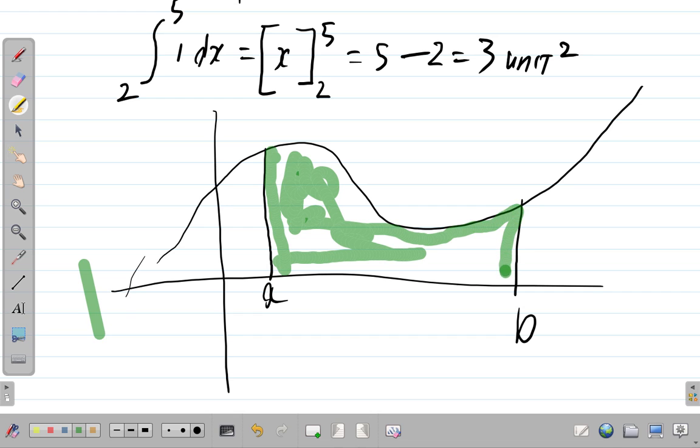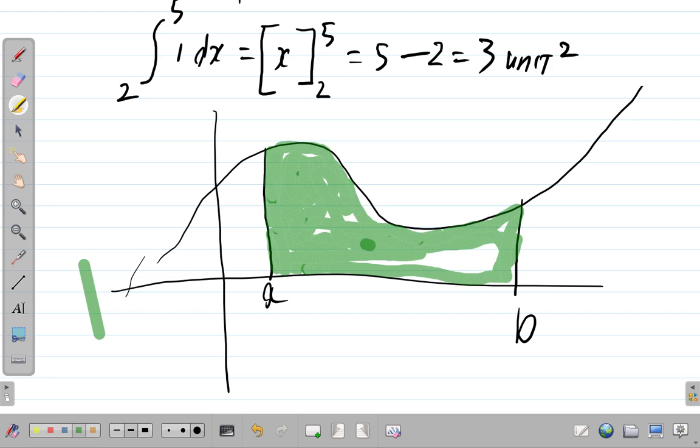You want that area, and it must be exact, not an estimate. Now that is where integration to find the area would become quite useful.